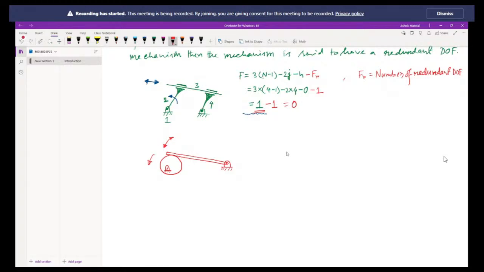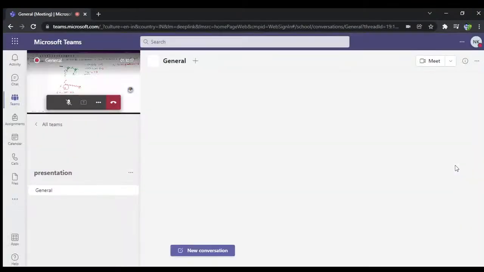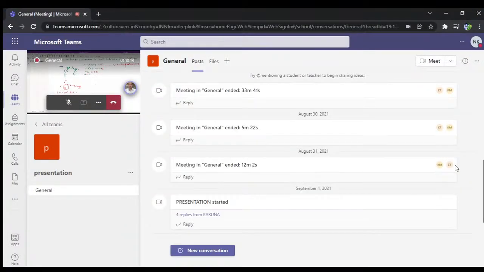Do you understand this motion? Okay, now tell me what is the degree of freedom for this mechanism? One. How many links are there? 3. So 3 minus 1 minus 2 times the number of simple joints. How many simple joints are there? 2. How many higher pairs? 1.